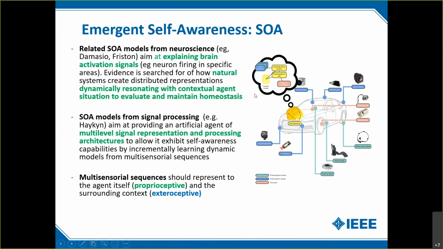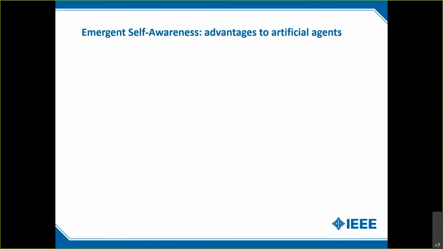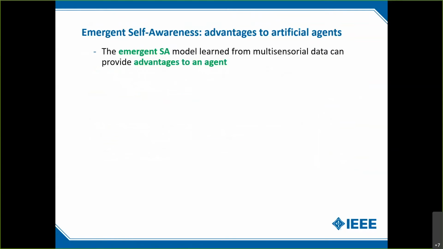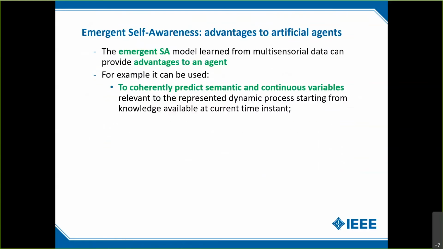And so this figure on the right is something that can be considered in the paper as a starting point to create a kind of processing model for arriving at this emergent self-awareness for artificial agents.